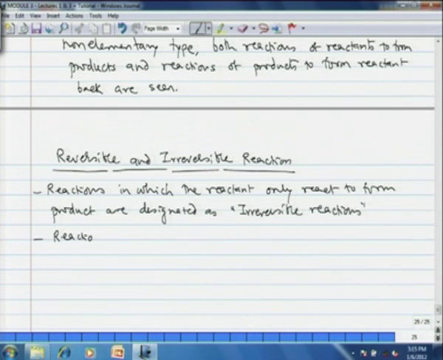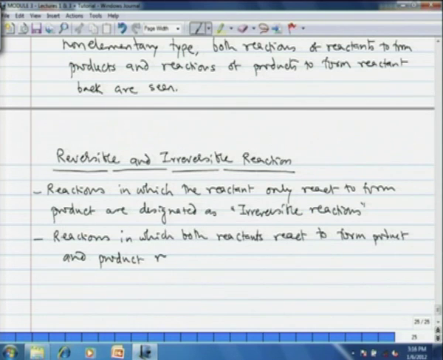And reactions in which both reactants react to form product and products react to form reactant back are reversible reactions.